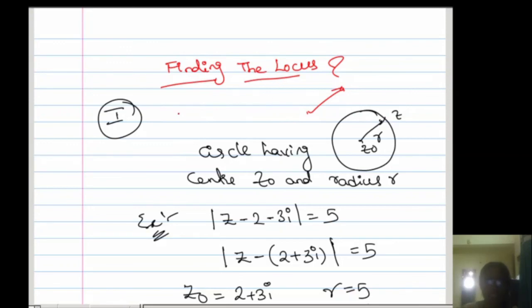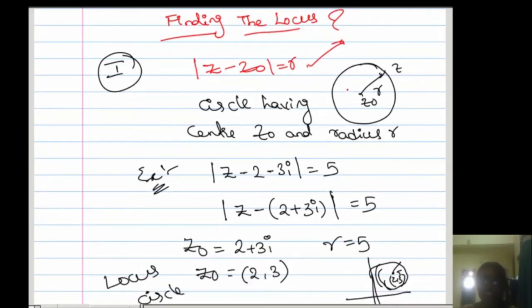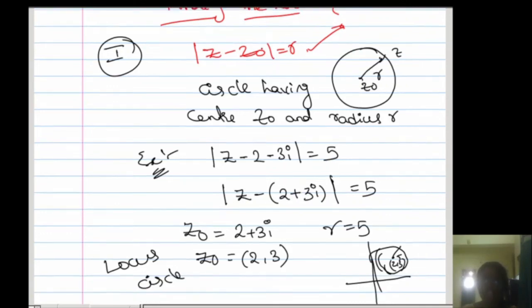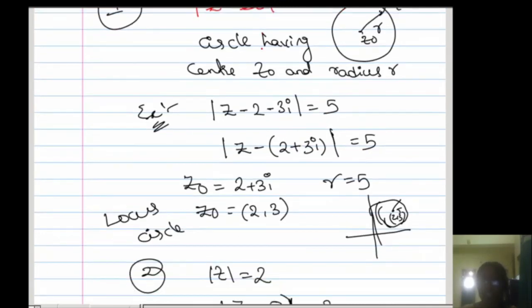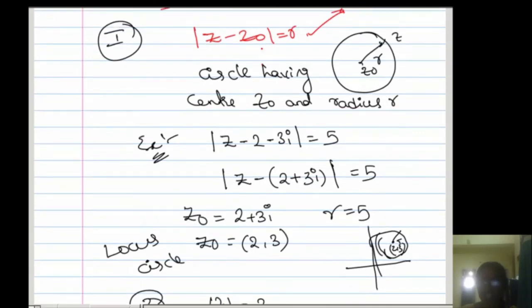Whenever it is like this, what does it represent? That represents a circle. Find the locus of z satisfying the condition. It represents a circle having center z naught and radius r.